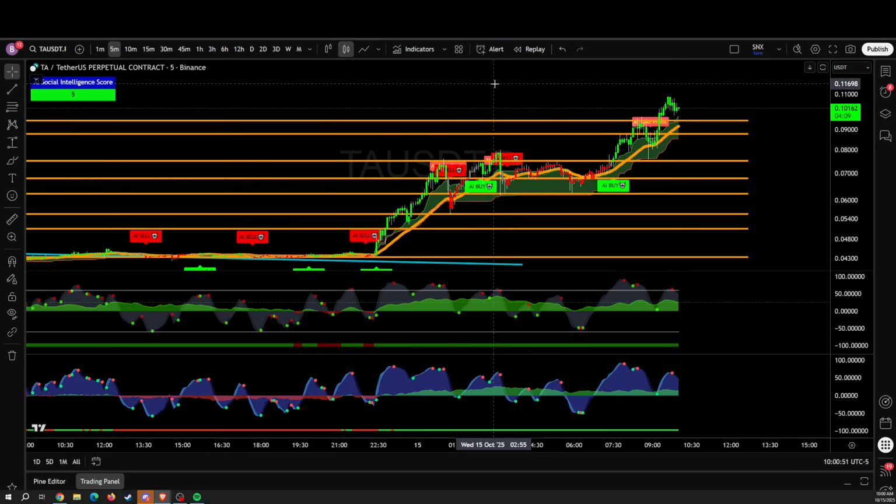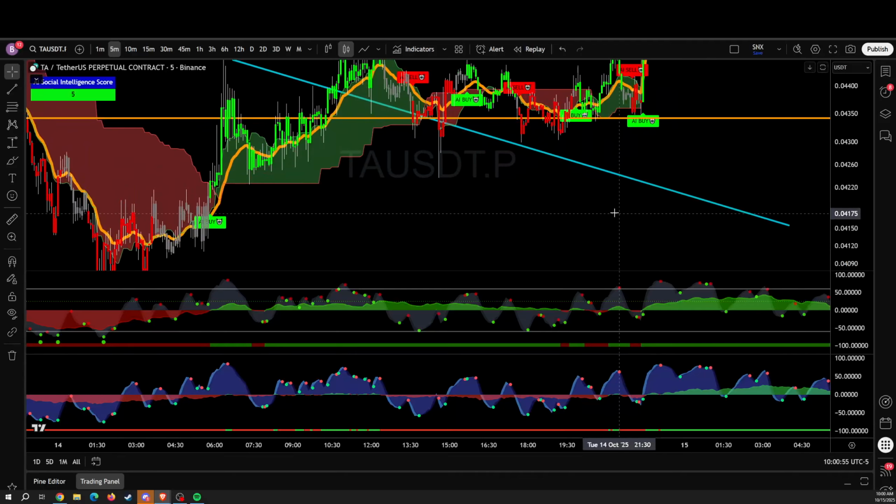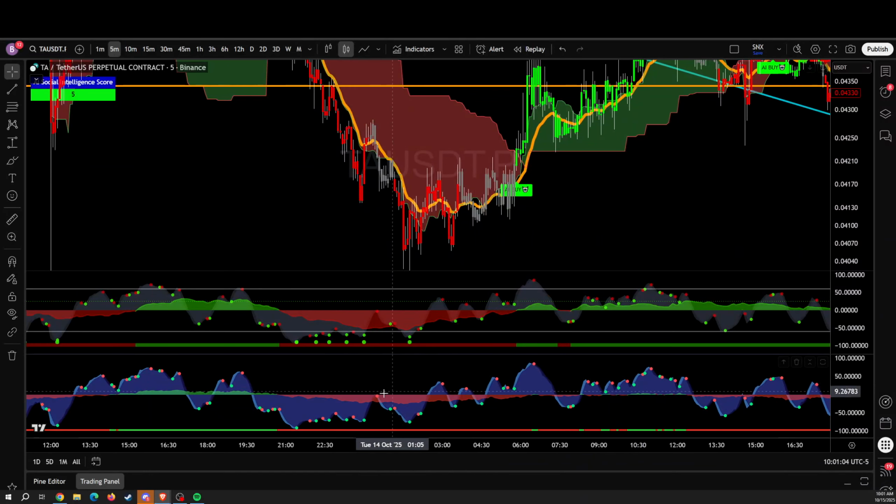You can see the green cloud remained there the whole time. But you can also see back here, when this was turning red, so was Market Cipher, so was Fu Manchu. When this was deep in the red, so was Market Cipher, so was Fu Manchu. They almost mirror one another, if you want to use that.